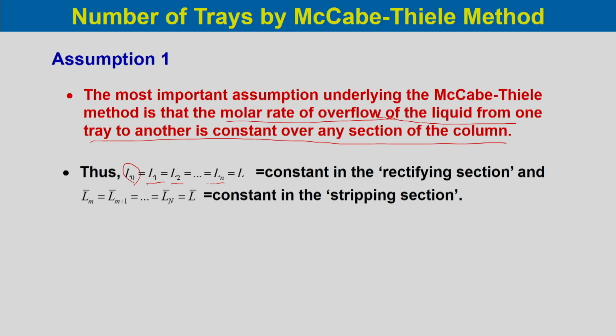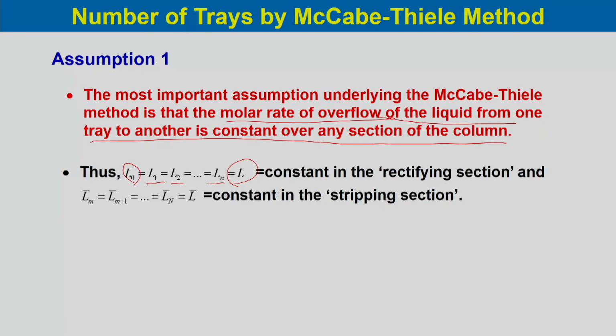All these flow rates in each tray will be equal, so we can write L by removing the subscript and we call it constant in the rectifying section. In the rectifying section the trays may be numbered 1, 2, 3 up to n, so the liquid flow can be termed L in the rectifying section.